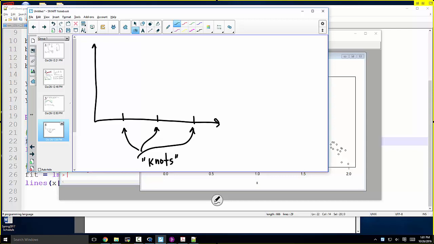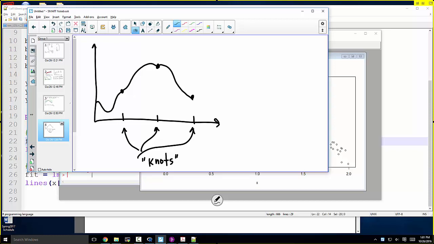These are locations where in between them we're going to have some curvy relationship. And at the knots, we have a requirement that the curvy relationships join up. So a spline would allow for there to be some curve over here. And then at this knot, it changes potentially to a different curve under the restriction that we have continuity there. And then another curve that goes like this.